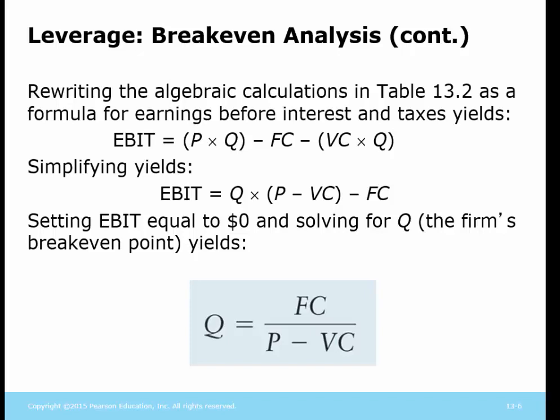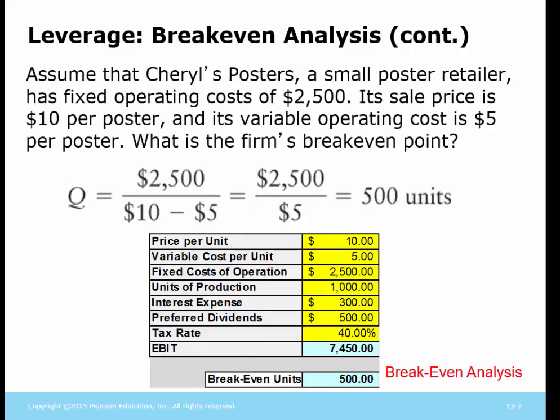And every time you sell a unit, the amount that you have, the contribution towards fixed cost, is this formula. It's the price of the unit minus the variable cost per unit. And when the fixed costs are completely covered, any point thereafter, that is the profit that the company will recognize.